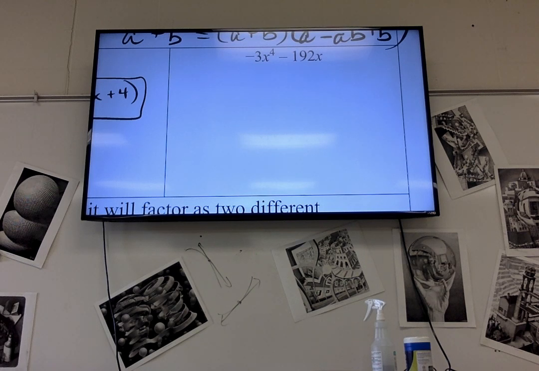And then you divide 192 divided by -3. You may have to decide and work that out. That's okay. That looks right. If it's not, it's just a sign or something. But that looks right.